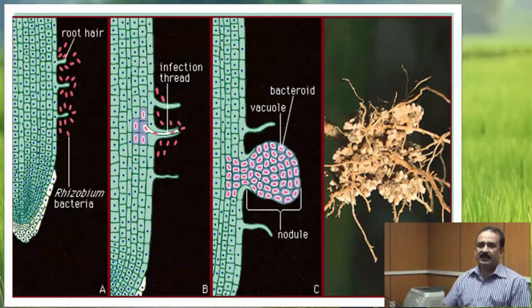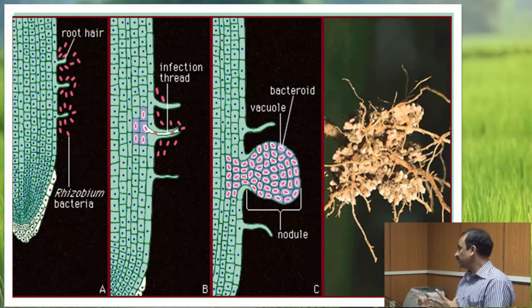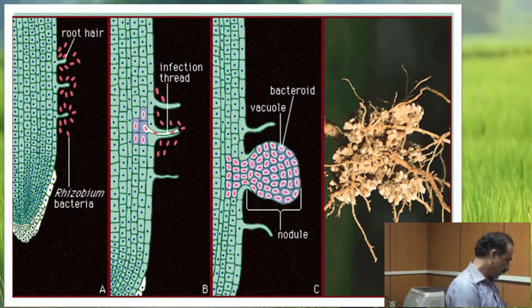You can see in this photograph how microbes enter the root cortex through the root hairs and how they fix atmospheric nitrogen, and the type of nodule. In the first slide, this is the root hair.